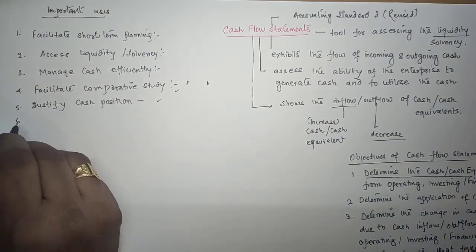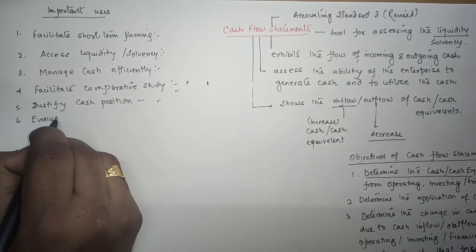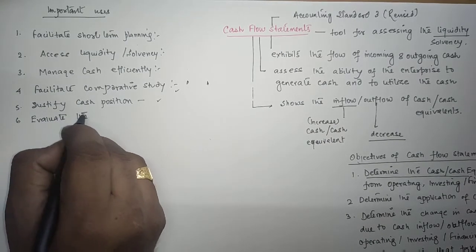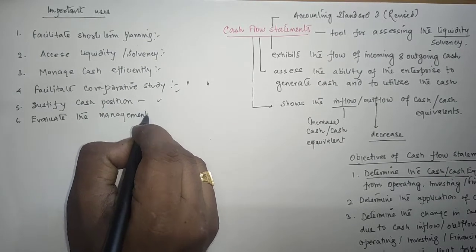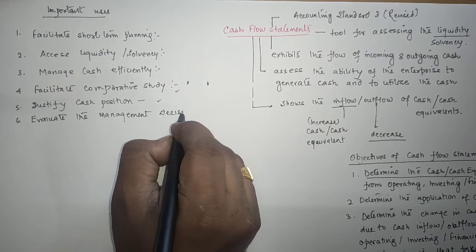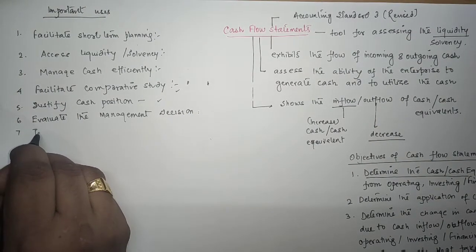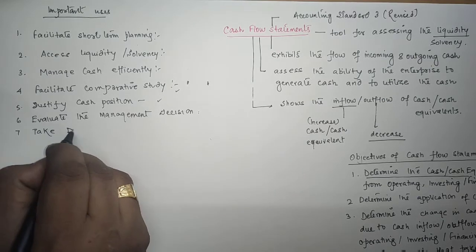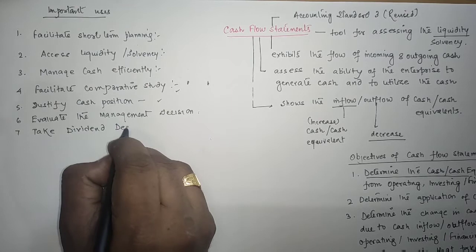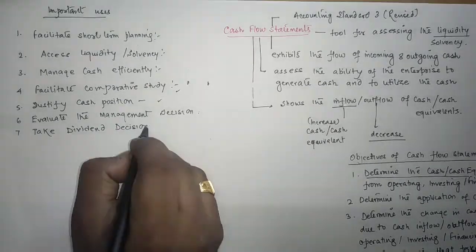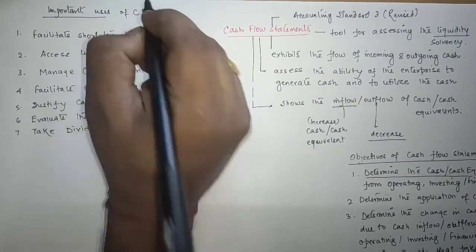Then number 6, it helps to evaluate the management decision. And finally it helps to take dividend decision. These are the important uses of cash flow statement.